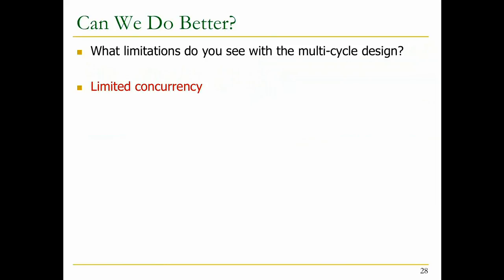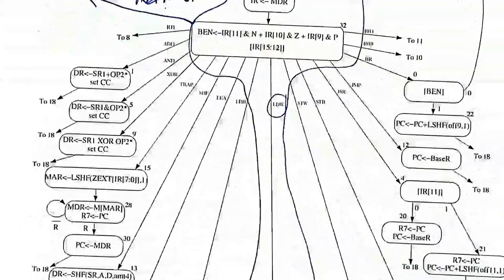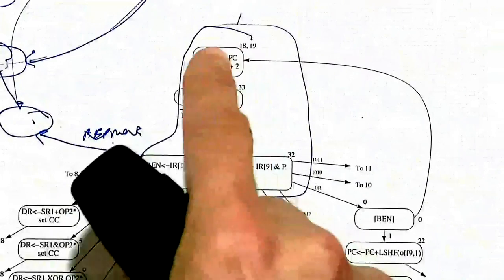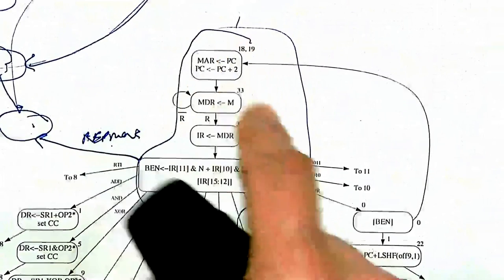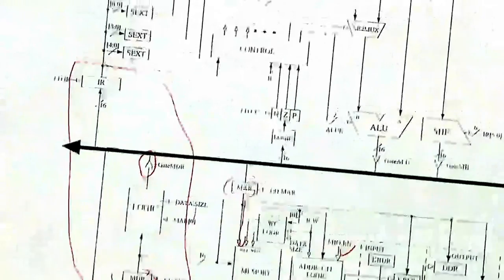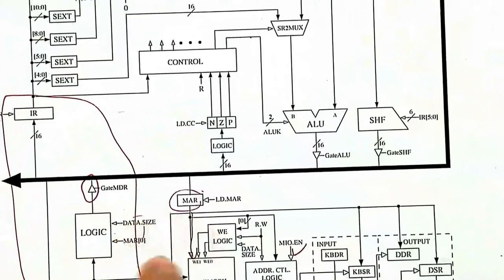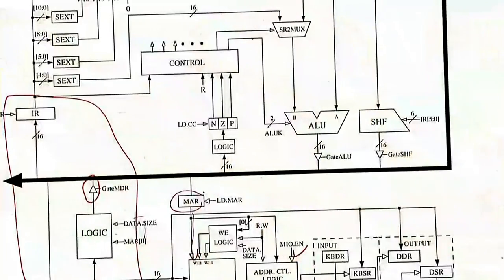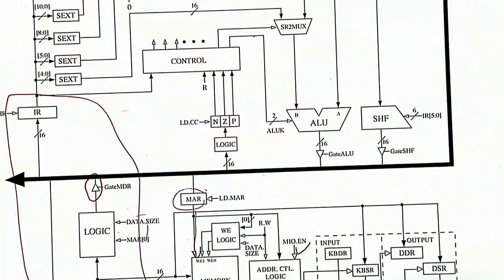And what is worse is, while you're doing a load, while you're in part of the finite state machine over here, let's see. So, for example, if you're in this state over here, when you're fetching an instruction, everything else is idle, right? So when you're accessing memory over here, the rest of the data path is basically twiddling its thumbs, waiting, doing nothing, right?